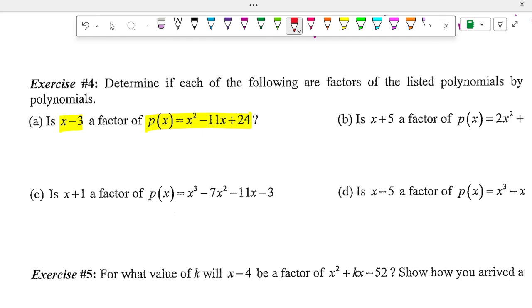Okay. So, Ryan, what's the root? 3. So you've set x minus 3 equal to 0, and it's 3.